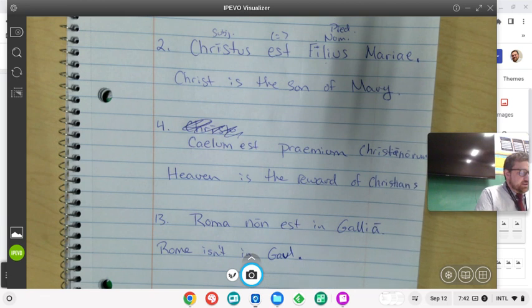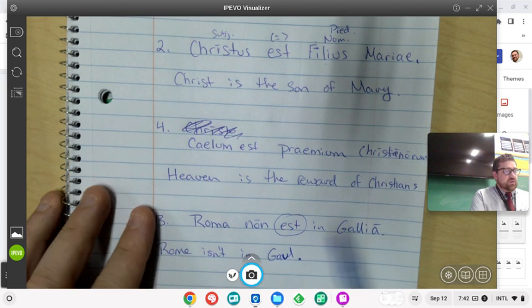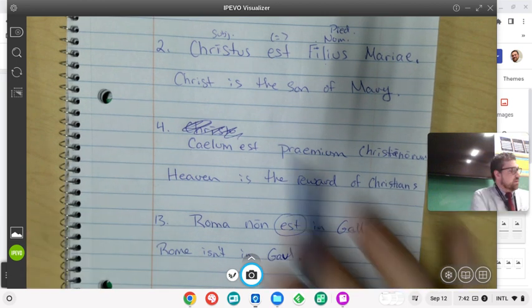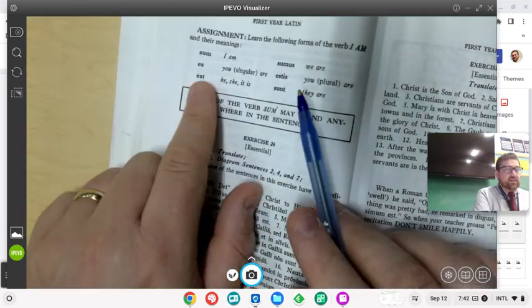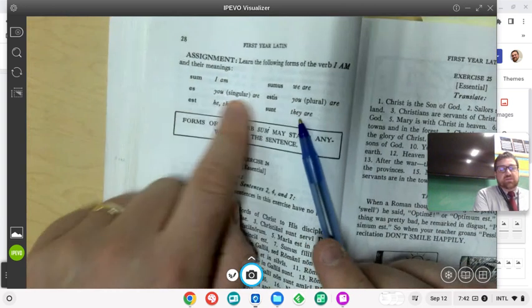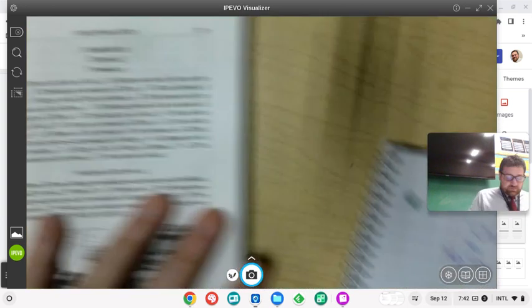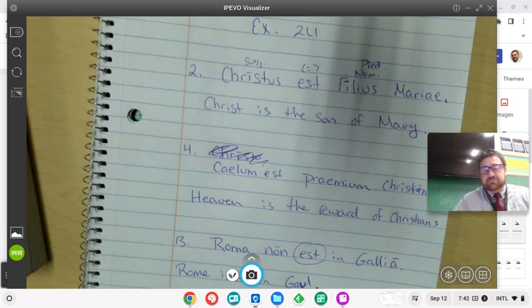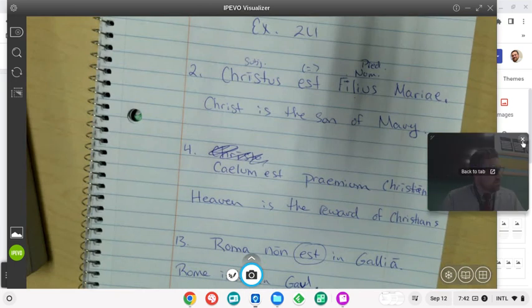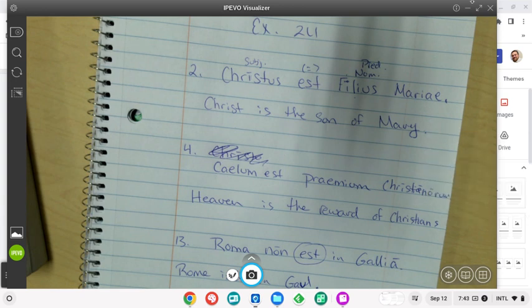So this sentence is just included there because it has the word est in it. So it is part of that verb sum. But it doesn't have a predicate nominative. All right, there you go. The rest of exercise 24 will likely be assigned at some point to you. All right, take care.